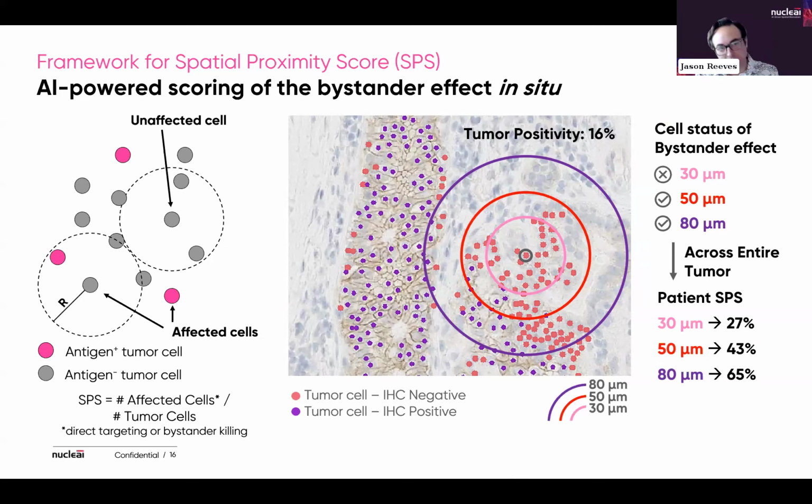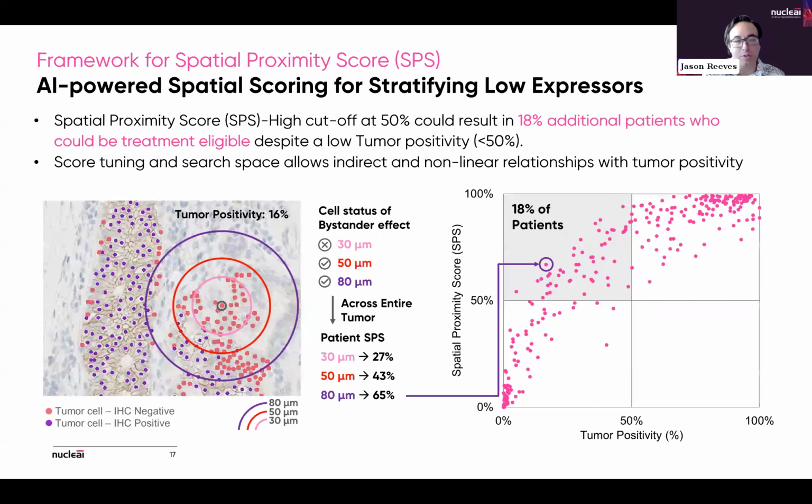This is one patient, but if you think about how this might work within a clinical trial, you might be able to enroll, in this case, maybe about 20% more patients if you use a spatial proximity cutoff rather than a traditional tumor positivity cutoff at the same value.